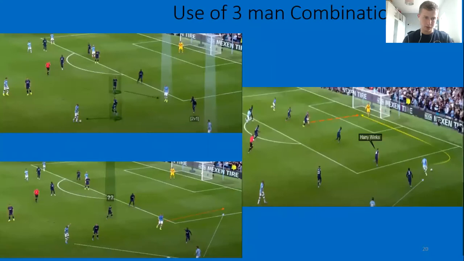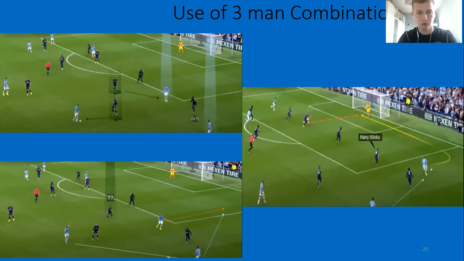Something you'll see a lot is the use of 3-man combinations out wide. So if you go back to the attacking structure that we put up a minute ago, you'll remember there was normally 3 players in those wider areas, or in this picture, lane 4 and 5. And you can see at the top, you've got Walker, De Bruyne, and Bernardo that are playing out as the 3-man combination.